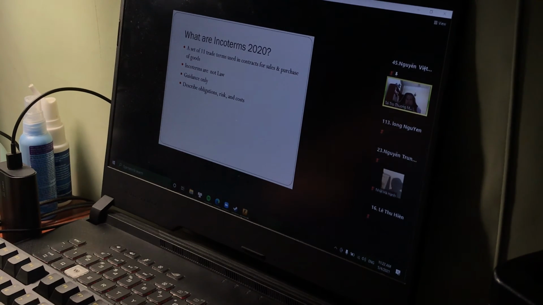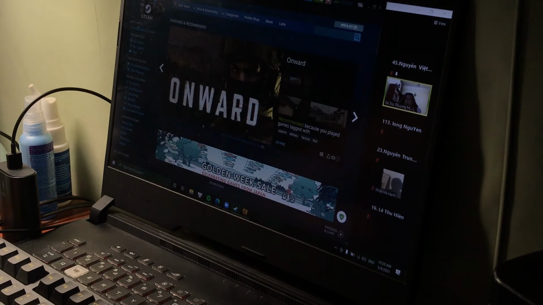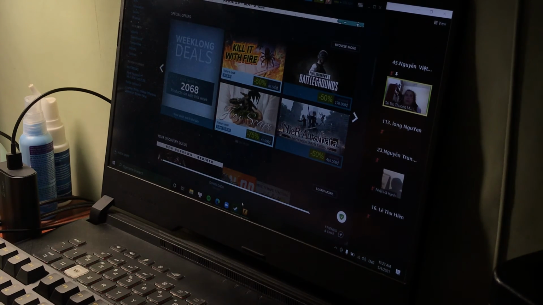Related to Incoterms 2020, you should remember some points. First, it is a set: you can say Incoterms 2020 or Incoterm 2020. Incoterms 2020 is a set of 11 trade terms used in contracts for the sale and purchase of goods, or you can say 11 rules.